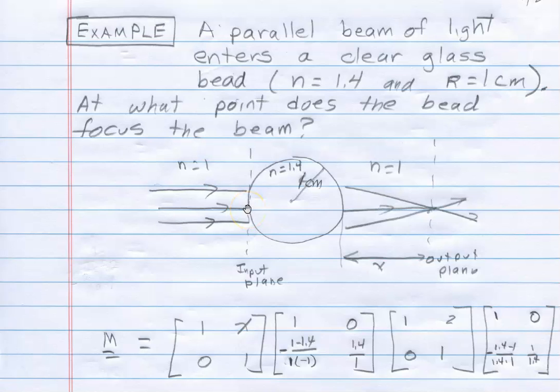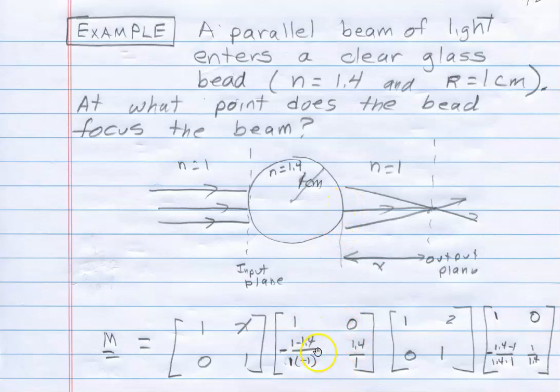So again, what I have to do is get from this side through this curved surface, and that is a refraction matrix. Then I have to translate to the back surface. That's this translation matrix. And then I have to get to the other side of this curved surface.